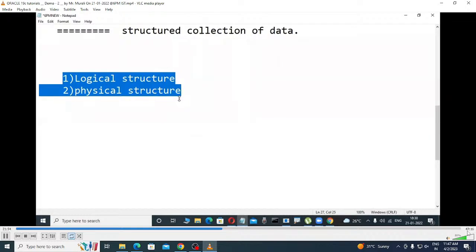Anybody in our class, maybe computer students, maybe on the academic side, their DBMS, database management system, some theory is there, a paper is there, MTech, MCA, BTech, BCA, MSc computers, these types of persons. Tell me briefly, what is the difference between logical and physical structure? Anybody have an idea? Easy, not difficult.